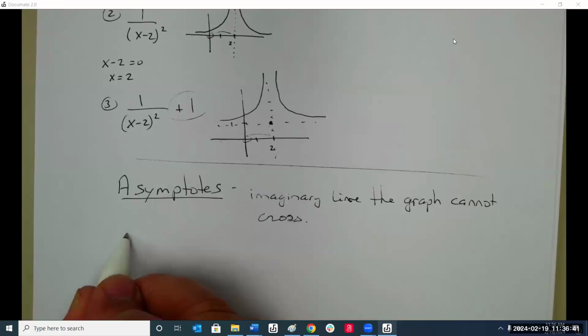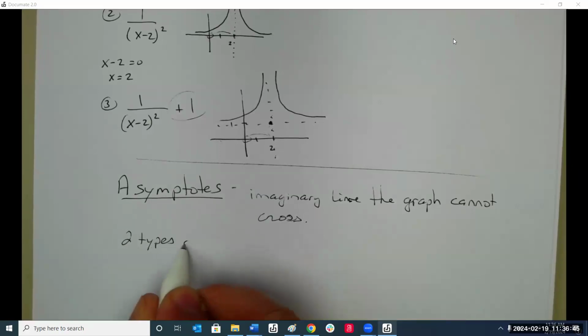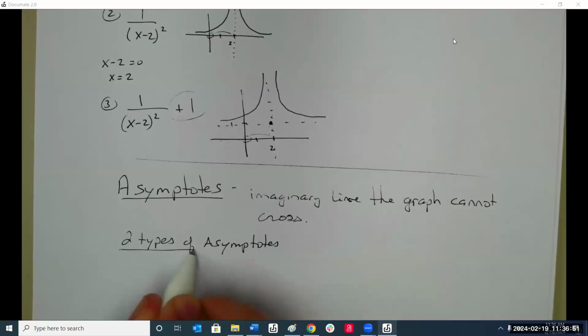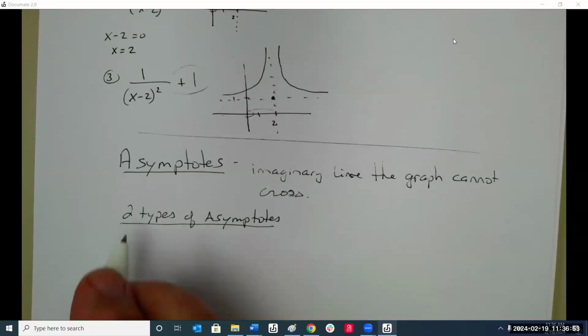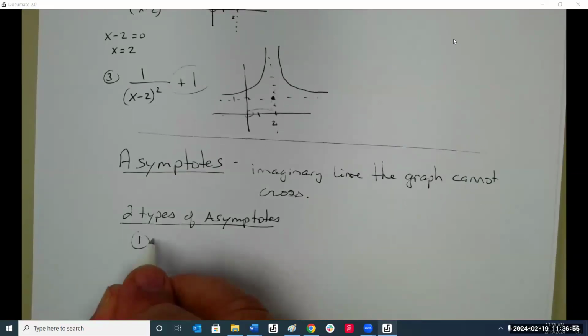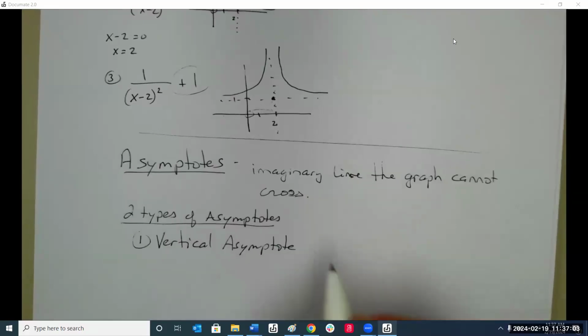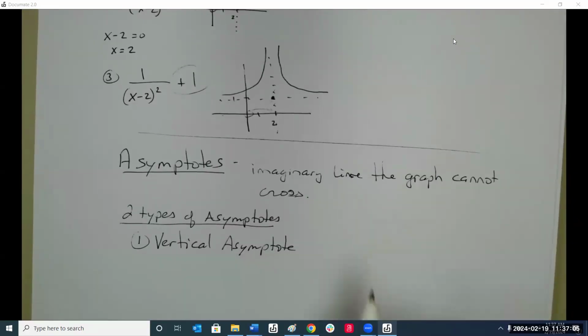We have 2 types of asymptotes: a vertical asymptote and a horizontal.